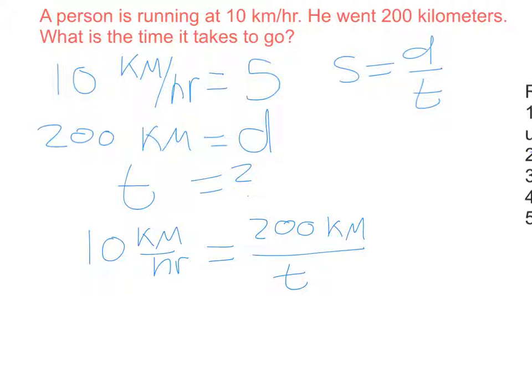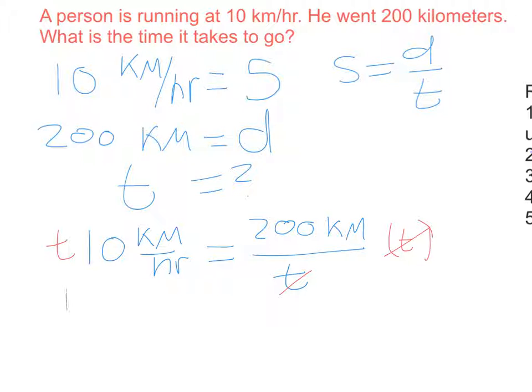The algebra way to do this, which is the long way, but I'm going to prove it to you on this video, is that first thing, I need to get T by itself. Problem is that it's at the bottom of a division problem. So what I need to do is I need to first multiply both sides by T to get T kind of on the top. So I'm going to cancel out my T's on there, and I'm going to multiply T over here.